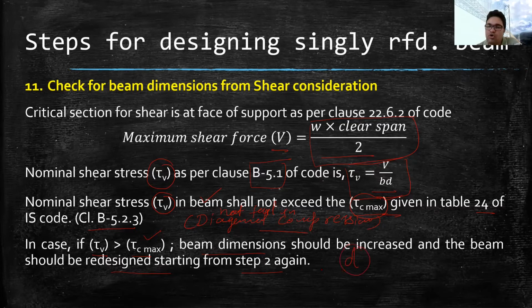And again, we have to go back to step 2 to redesign the beam. If such a condition occurs, it can be taken care of by providing proper dimensions of the beam. So this is again a check for the shear force. Now going to the next step.